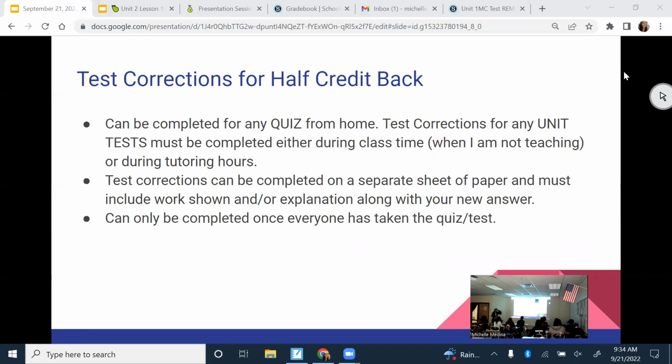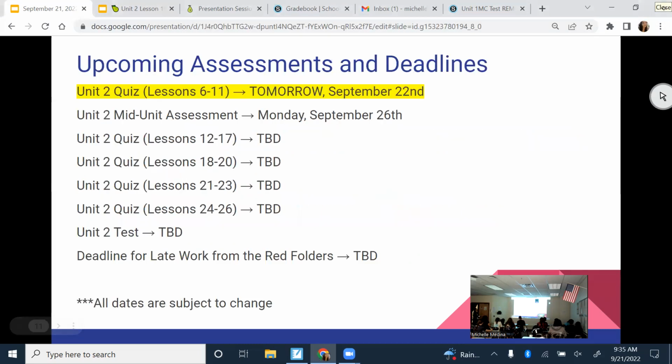How do I know that you didn't just get that answer from a friend? You can work together on the test correction, but you need to actually learn from your mistakes. Show me that you've learned, even if someone is helping you, by showing the work and or the explanation. So that is another way to improve the grade.